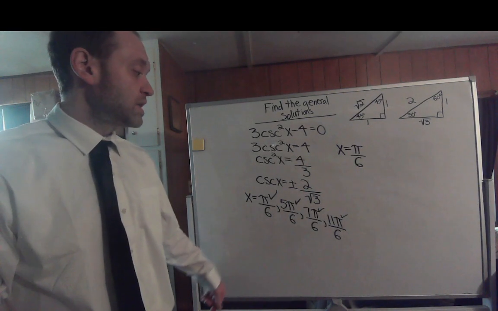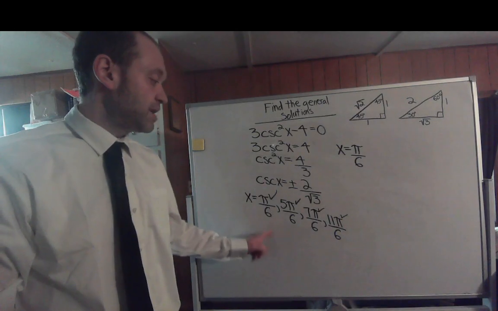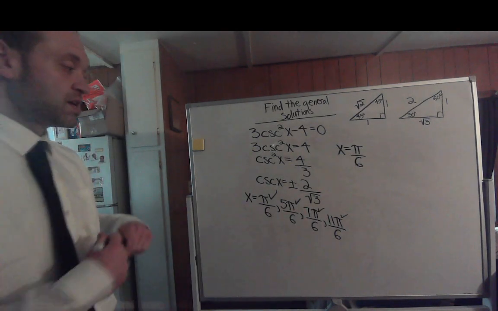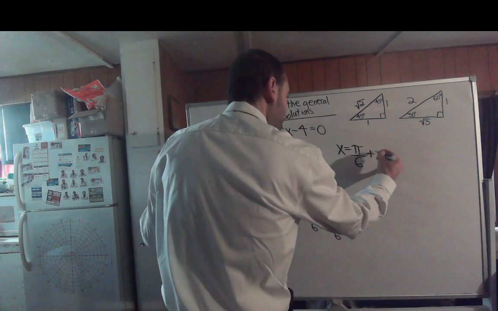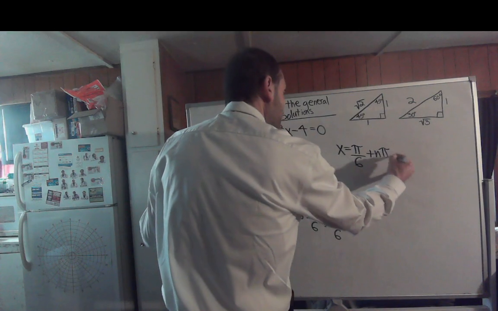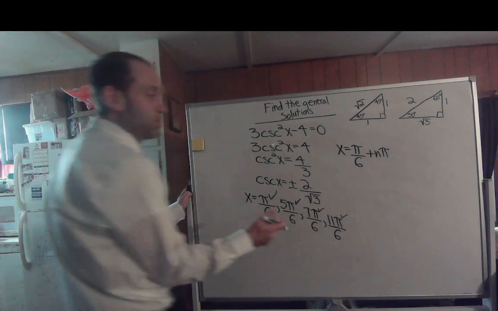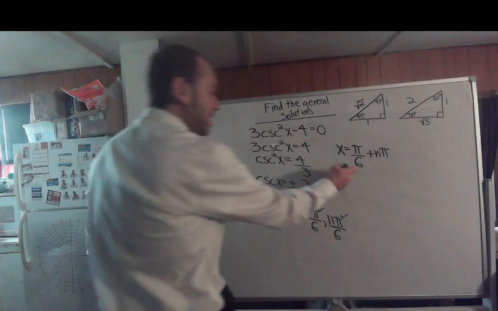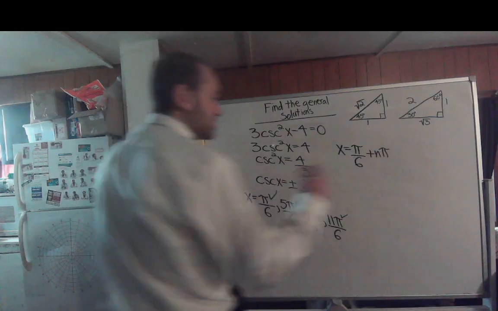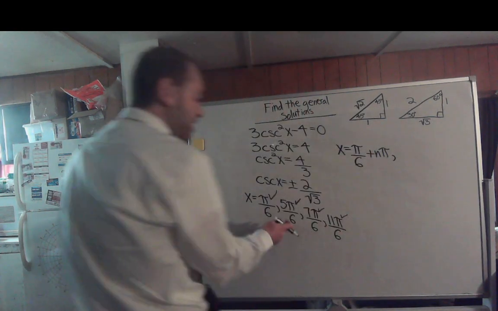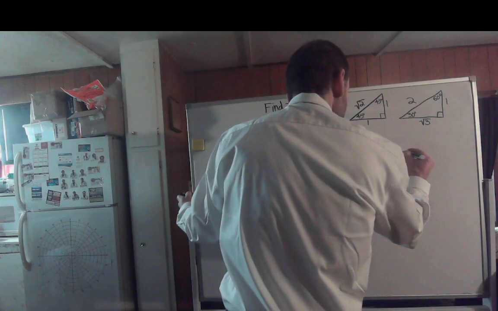So I can literally write pi over 6 plus n pi. That would give me the full solution to this equation because that pi over 6 plus another pi would also account for 7 pi over 6. And then I could use my 5 pi over 6.